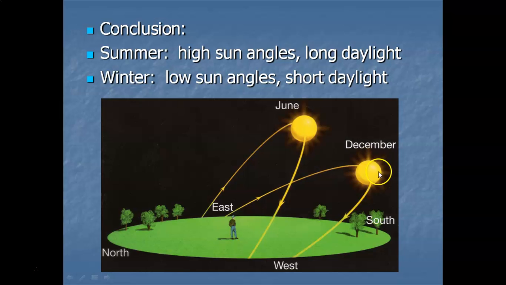And so those sun rays are going to be spread over a much wider area and lessened in intensity. So this is the conclusion for summer and winter time in terms of sun angles and the amount of daylight. That really is as simple as that.